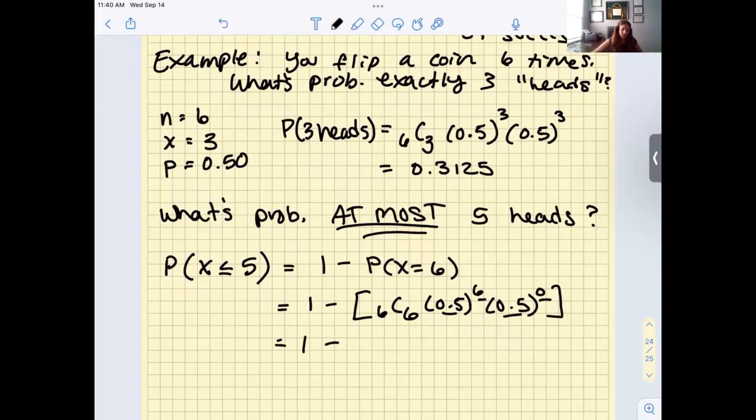So we've got 1 minus, what number do you get there for all that stuff in the brackets? 0.015625. So after you subtract that, what do you get for the total?